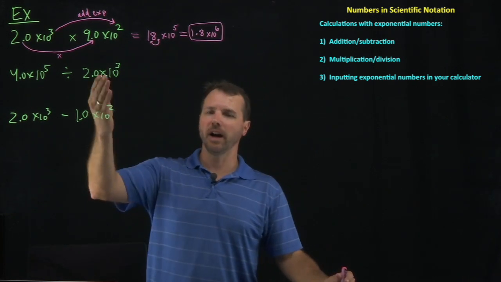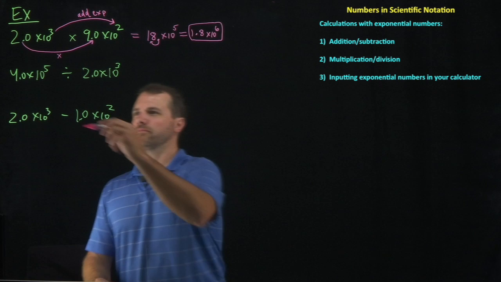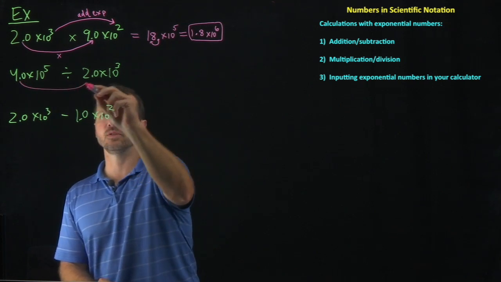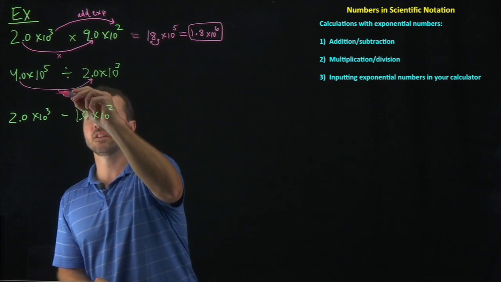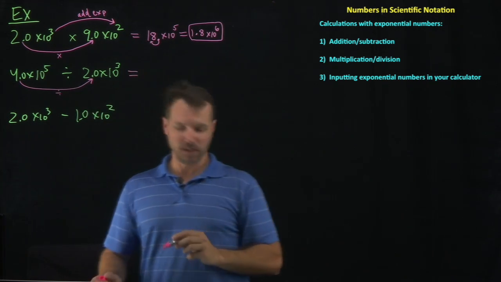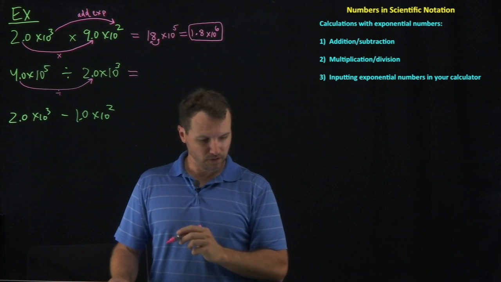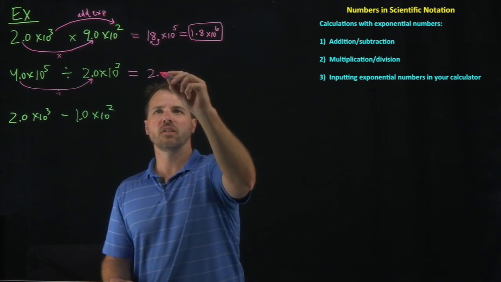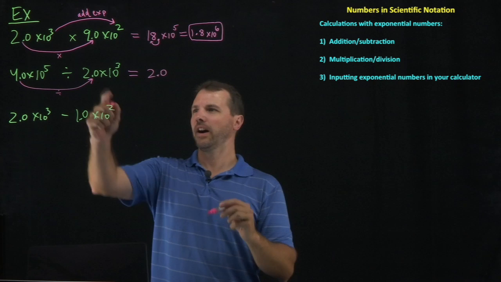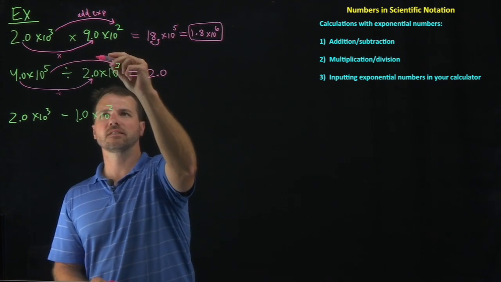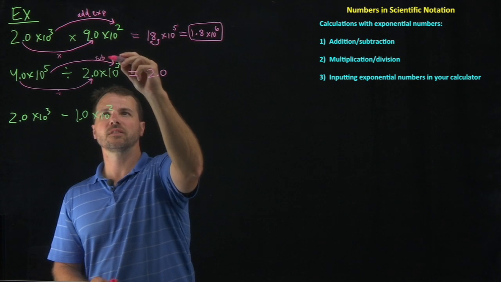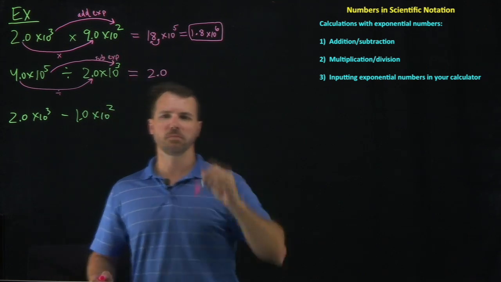Okay, so when we divide, similar approach. Of course now we're going to divide those two numbers, which would give you 2.0. And when you divide, you're going to subtract the exponents.